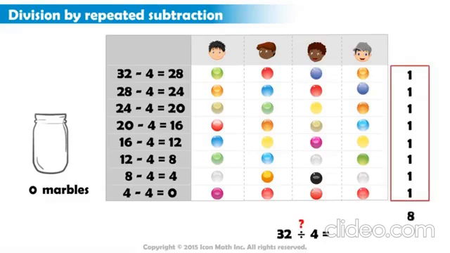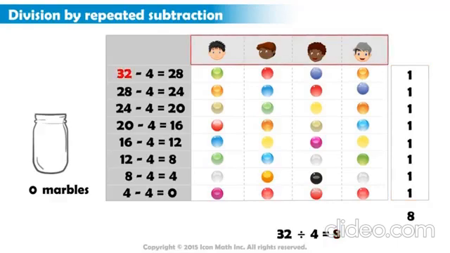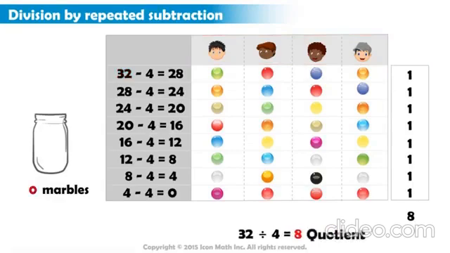We have 8 ones, so the answer is 8. Every player gets 8 marbles when we divide 32 marbles among 4 people. So 8 is the quotient.